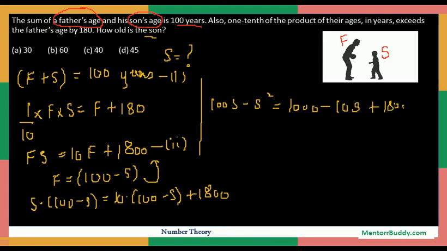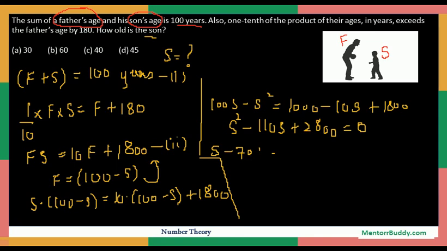Now solving this, we can see this equation will become s square minus 110s plus 2800 equals 0. So now we can see the equation formed is a quadratic equation. Now we have to solve this quadratic equation and get the value of s. Solving this, it can be written as s square minus 70s minus 40s plus 2800 equals 0.